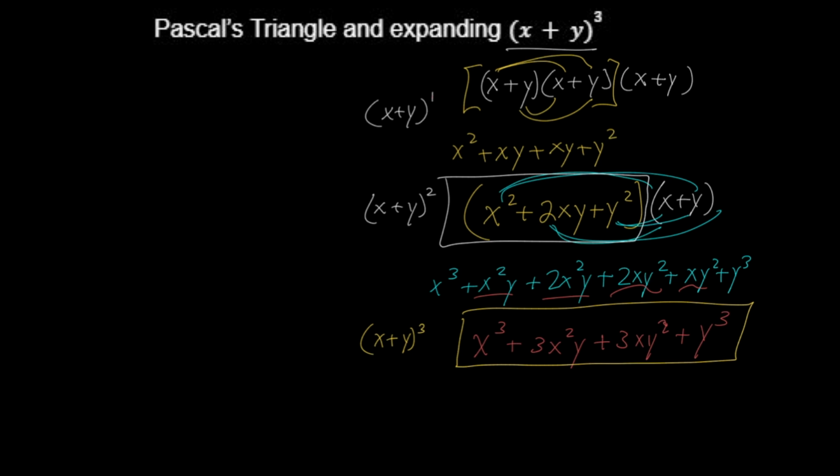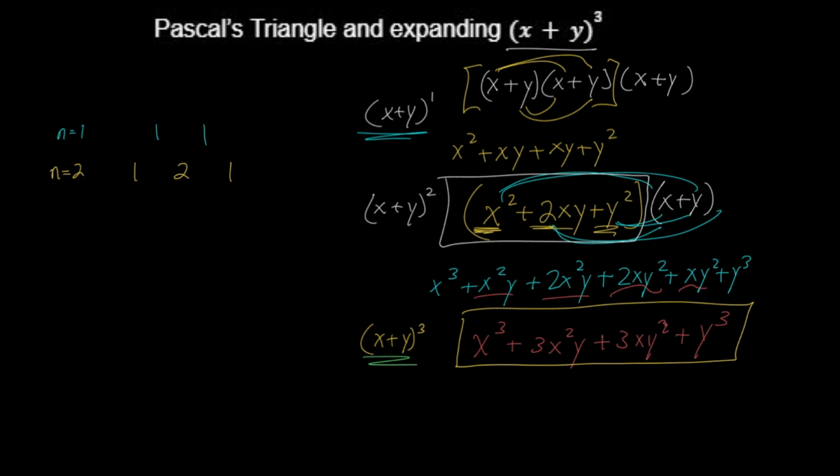If we look at these coefficients, there's a pattern that's going on after simplifying. So if I extract the coefficients for the first power, I'm just going to use n equals 1 to represent the first power. The coefficients with these variables are 1 and 1. In the second power, the coefficients with the first term is 1, coefficient with the second term is 2, and the third term is 1.